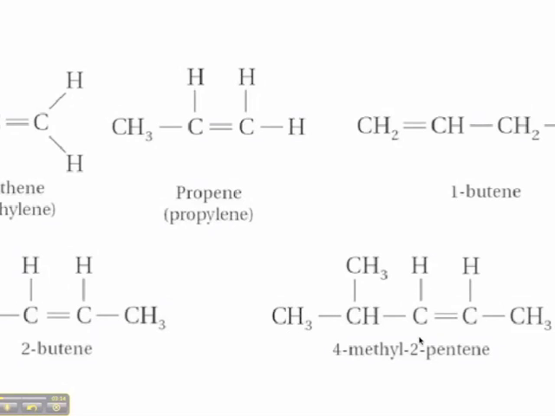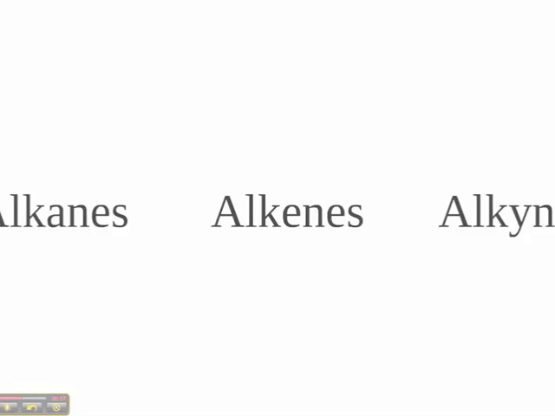Now, because we want the double bond to be in the lowest carbon possible, we go this way, 1, 2, so we can say 2 pentene, and then as we move along, there's a methyl group here, so it's 1, 2, 3, 4 methyl, so 4 methyl, 2 pentene. Unsaturated compounds. That means, unlike alkanes, these guys have a double bond. They don't have all their spaces bonded to something, some other atom. That's all that means. Okay, we're going to move on to alkynes.